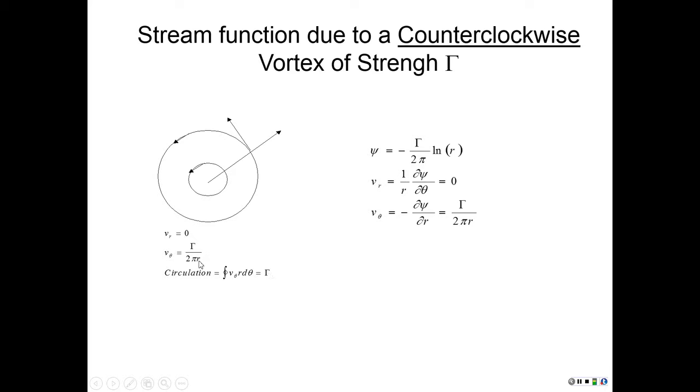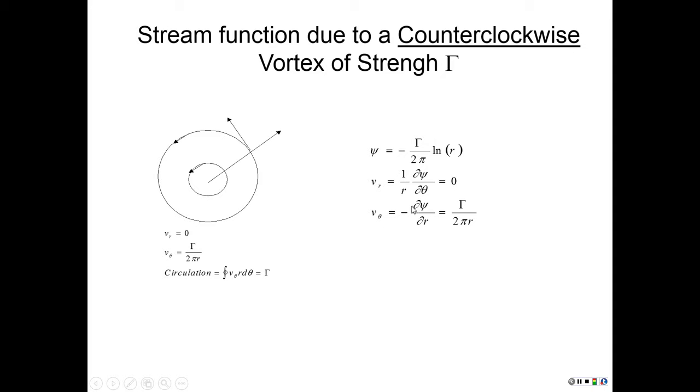Now as r goes to 0, you'll get higher and higher spinning particles. So as you approach the center of a vortex, you'll get very high velocity in the v theta direction. Just as we have Cartesian representations for the stream function, in the polar coordinate system there are definitions for the radial component of velocity, Vr, which is 0, and the tangential component of velocity, v theta, in terms of psi.